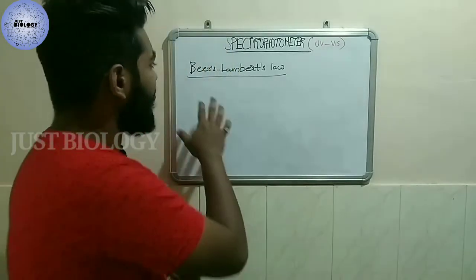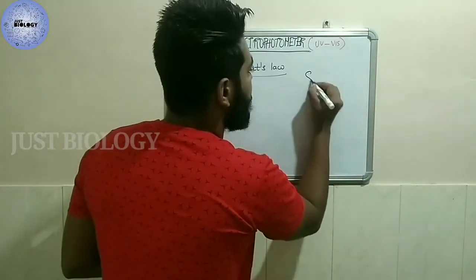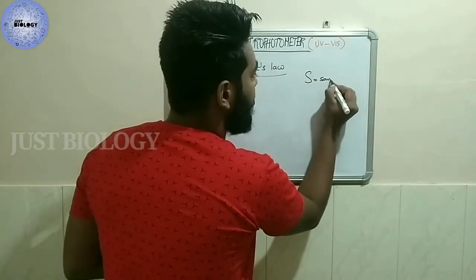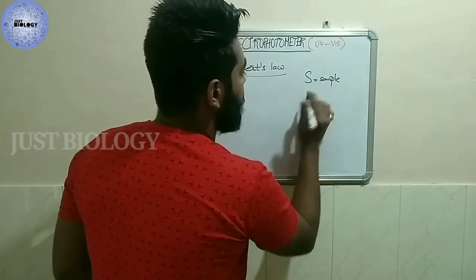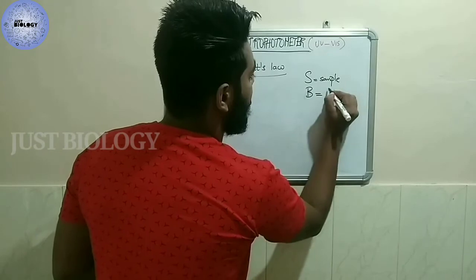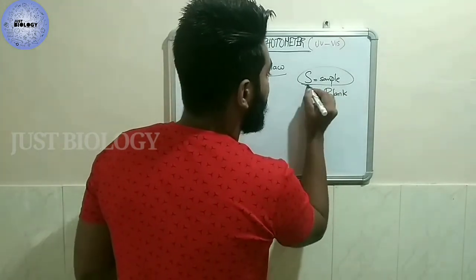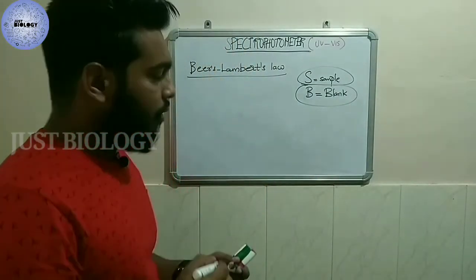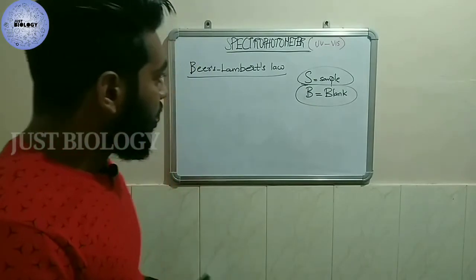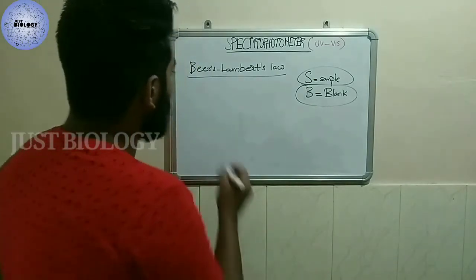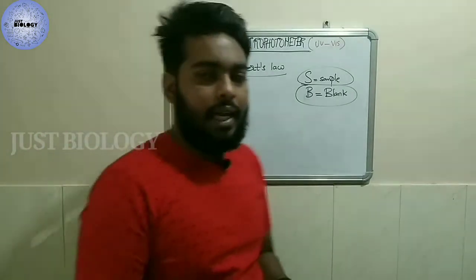Actually, we should know two terms here. S can be the sample, and B represents the blank. Here we are going to do something related to physics. Let's imagine the light absorbed by the sample.